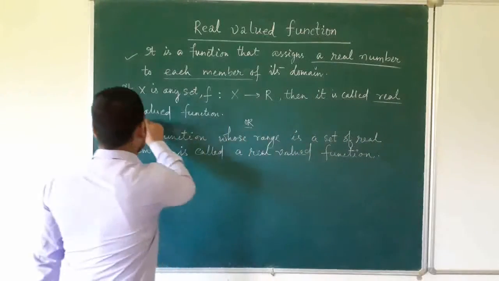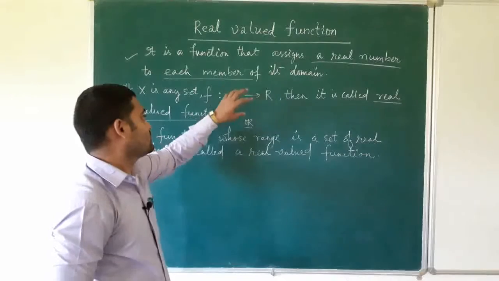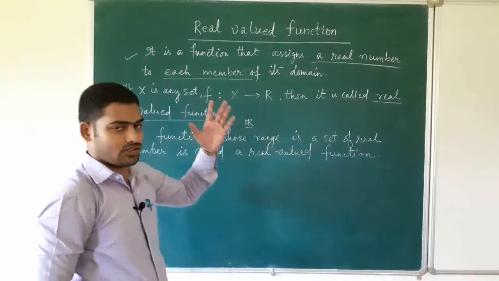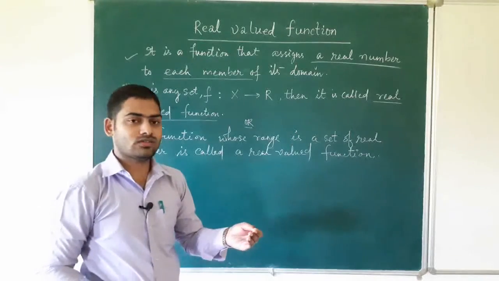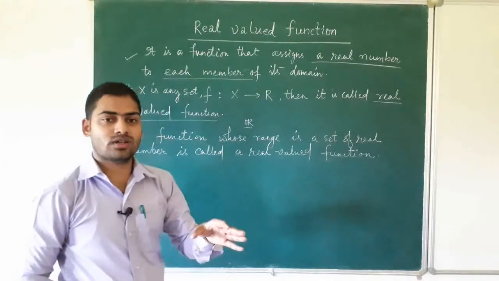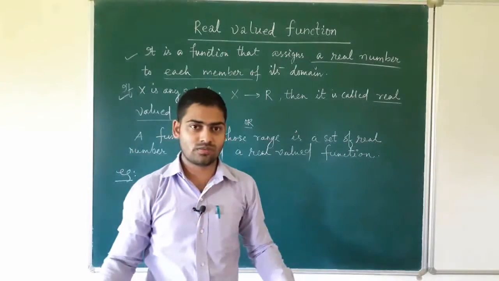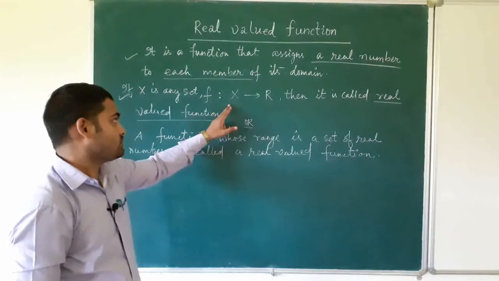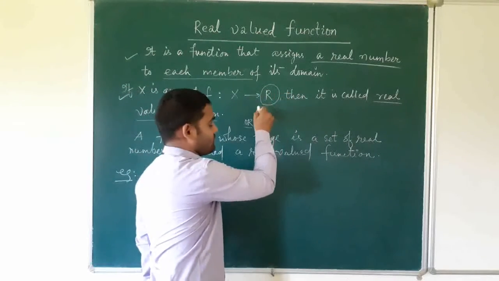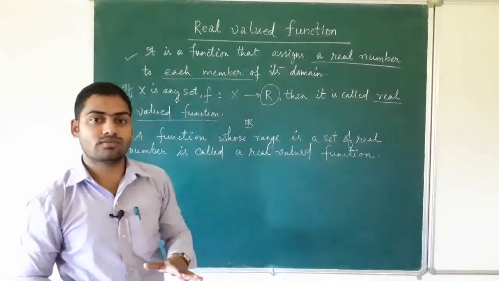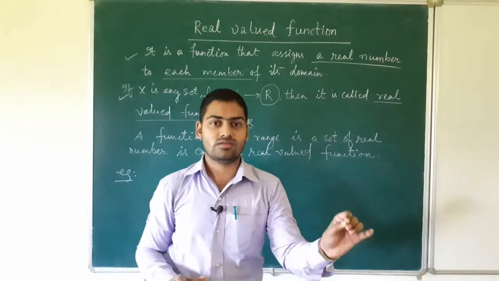Real valued function. So X, any set you take, it contains real numbers, imaginary numbers, whatever elements it contains does not matter. But the set R means the set of real numbers.